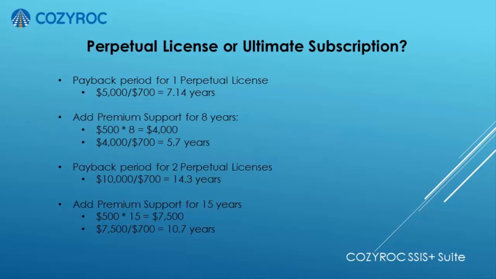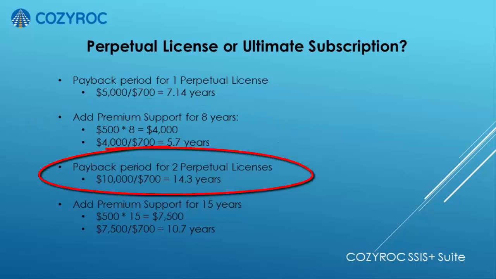And there you can see the additional number of years it would take to pay back the cost of that expense. Now we'll look at the case where you need 2 license keys, and the subscription already includes 2 license keys, but in the case of the perpetual license you'll need to pay for 2 licenses. So we look at the payback in the number of years there, and you can see it's quite significant.